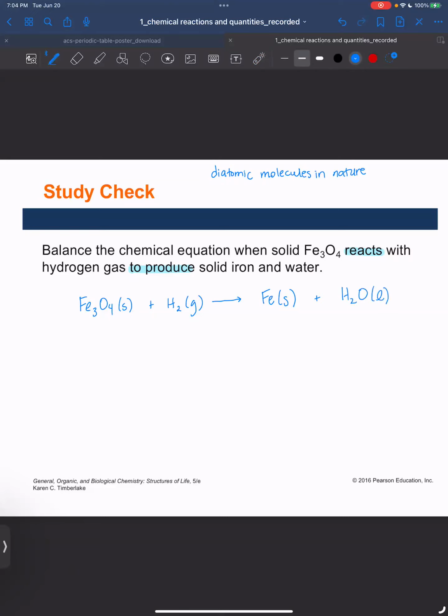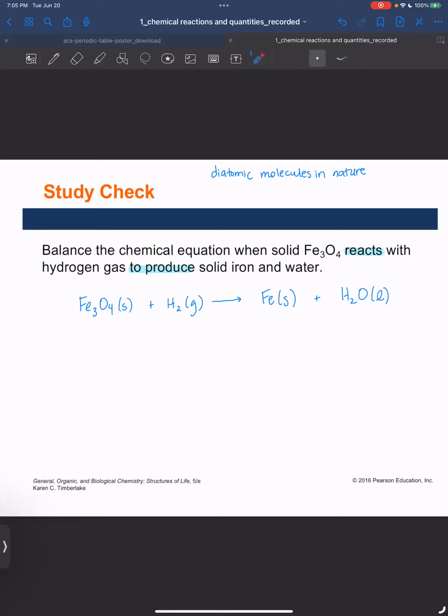Now, there are some cases where water will be a gas or it could be a solid, but if it doesn't state, we can assume liquid here, for example at room temperature. And so this is the chemical equation that's not balanced. This is each substance in its own chemical formula, right here. And now we have to balance it.